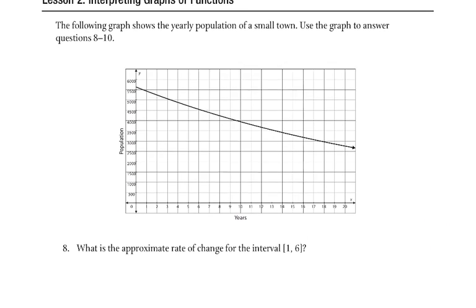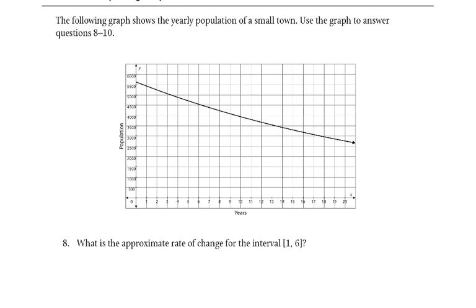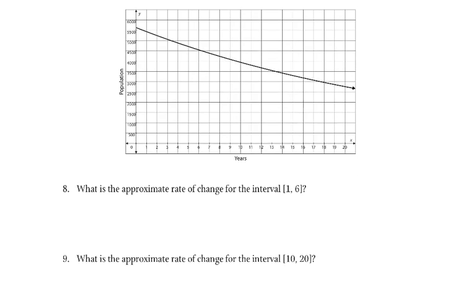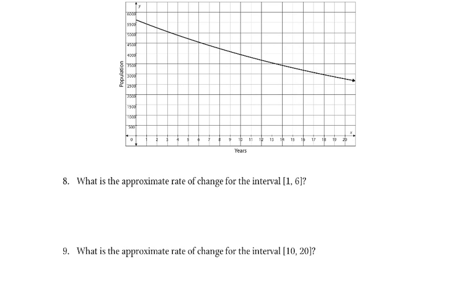All right, the last one. The yearly population of a small town looks like it's decreasing. For the interval from 1 to 6, at 1 we'll call that 5,450. I think that's a little closer. And at 6 we'll call it 4,550.